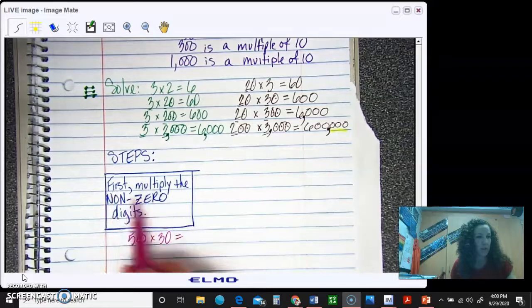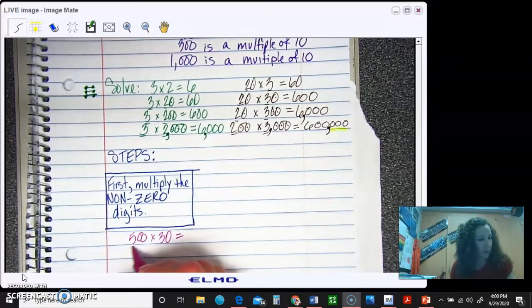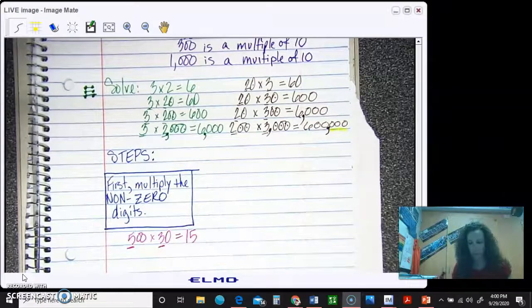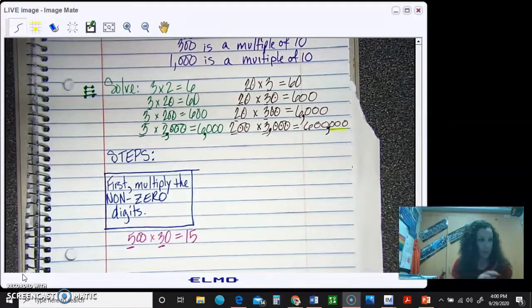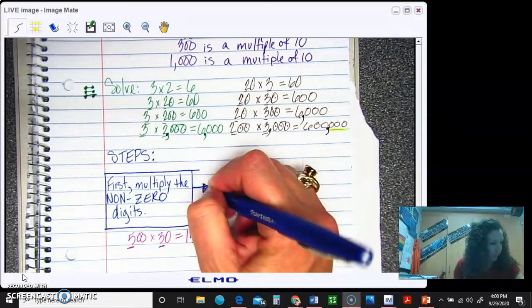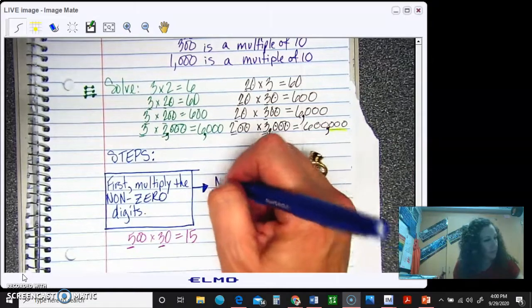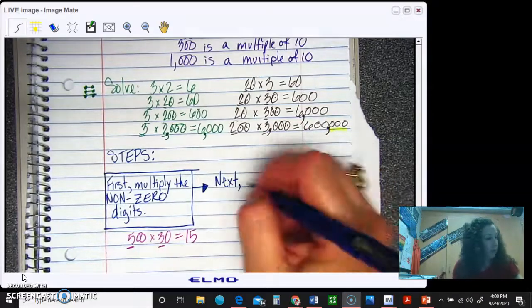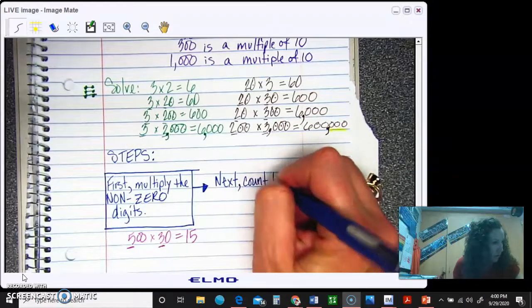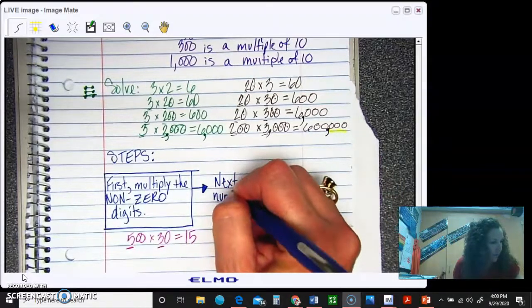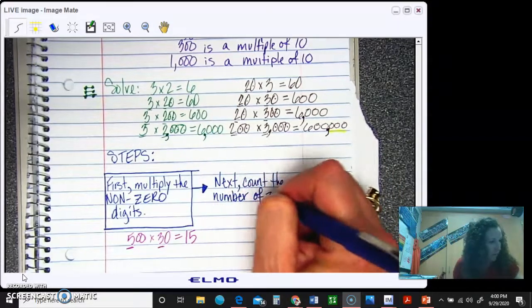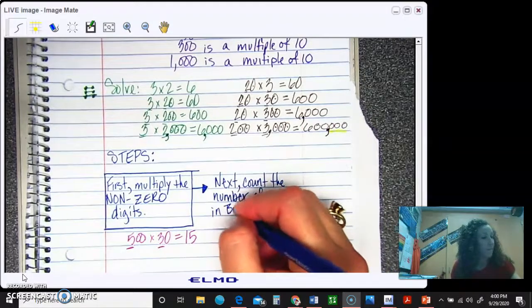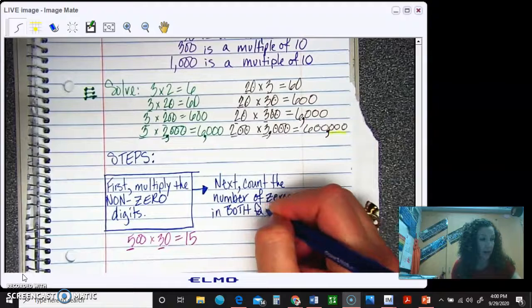There we go. 500 times 30. Okay, so it says first multiply the non-zero digits. So that would be my 5 and my 3. 5 times 3 is 15. Okay, so now I'm going to go to the next step. Count the number of zeros in both factors.